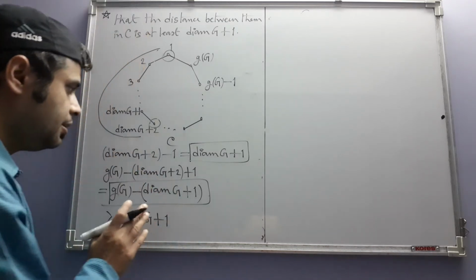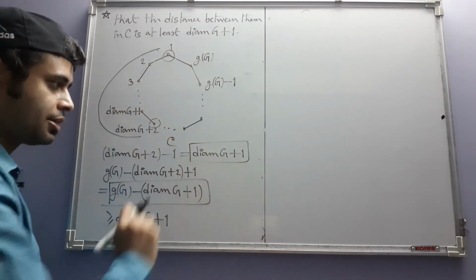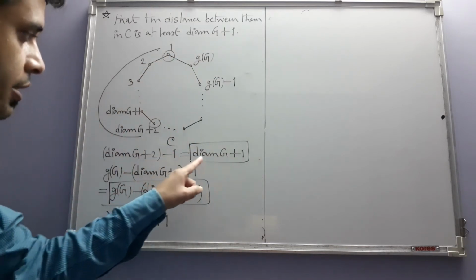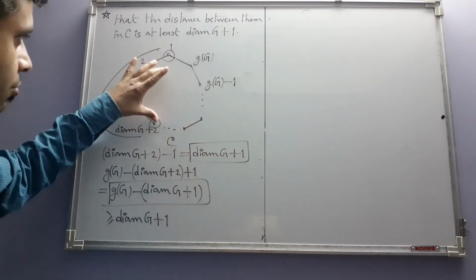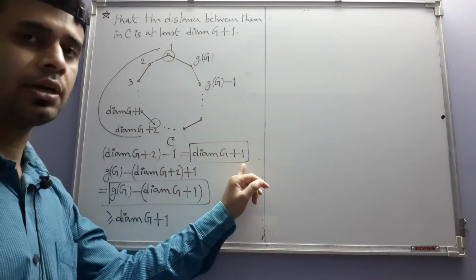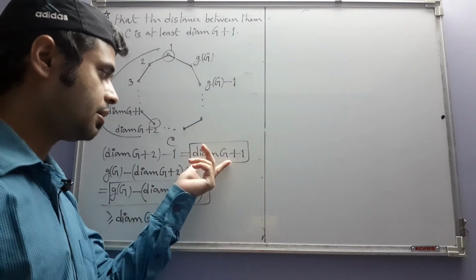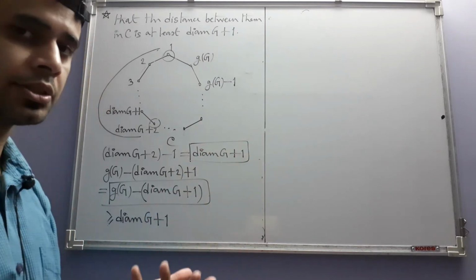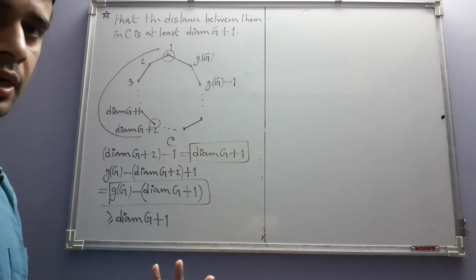Now in C their distance is diameter of G plus 1, but according to the definition of diameter, these two vertices in the original graph obviously cannot have this distance, because by definition of the diameter, that is the largest possible distance in G, and this is larger than the diameter.